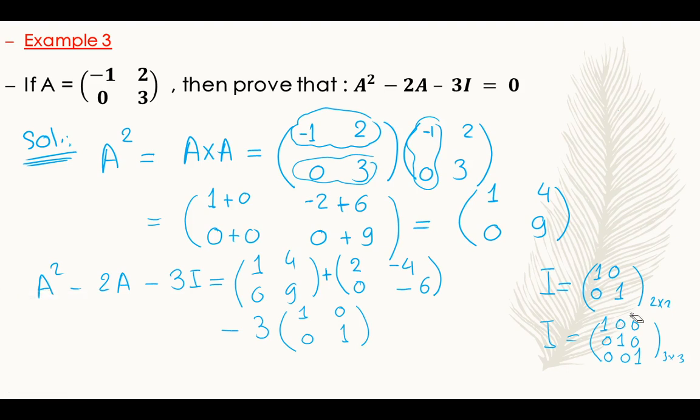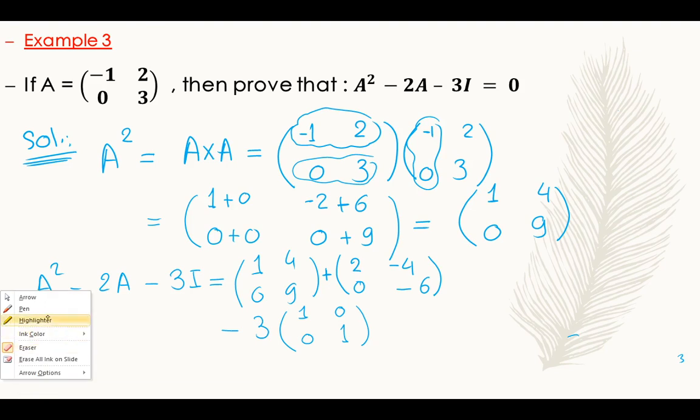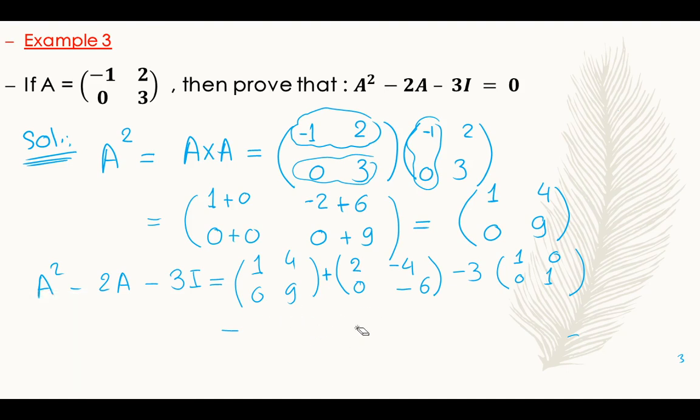Let's erase this first, and we will write this matrix here: minus 3 multiplied by the identity matrix 1, 0, 0, 1. And now we want to find the sum of these matrices.